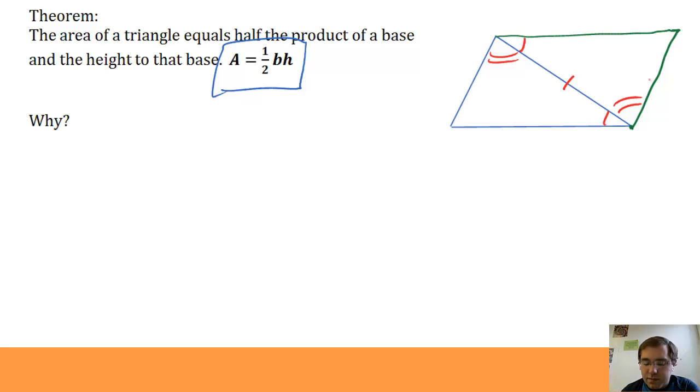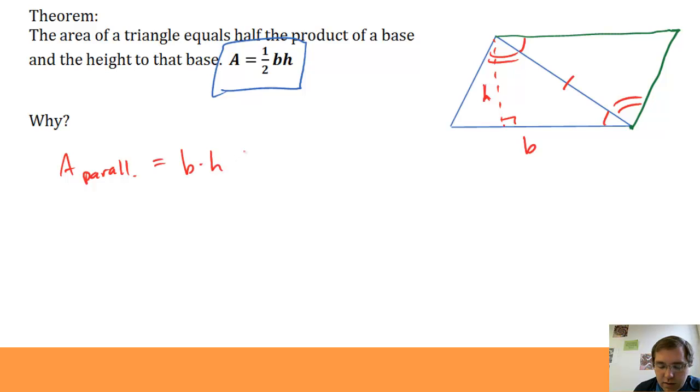That means the area of the parallelogram equals, if this is the base, and I draw the height, base times height by the theorem we just used before. But the area of the parallelogram is also 2 times the area of the triangle.